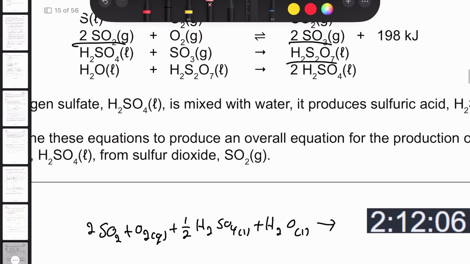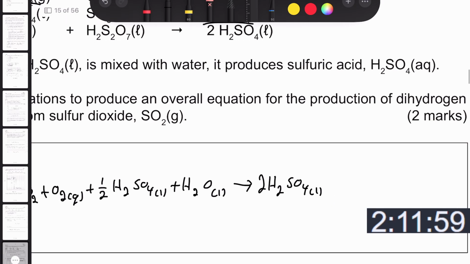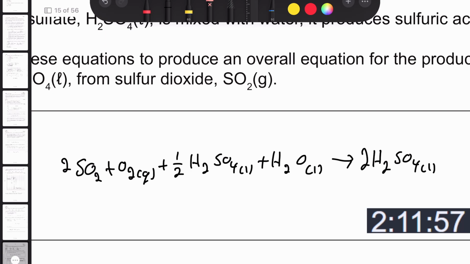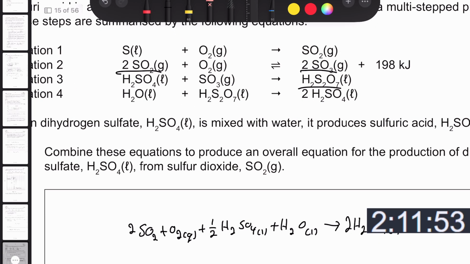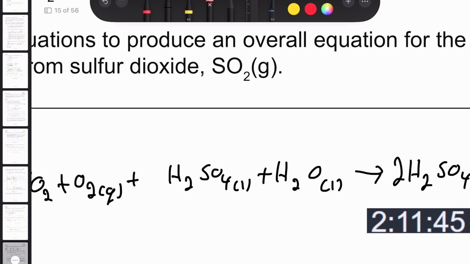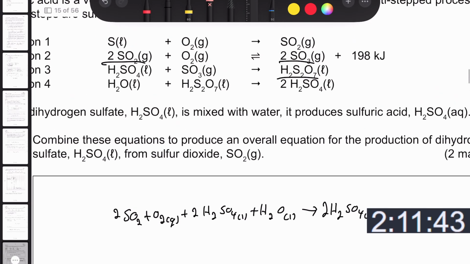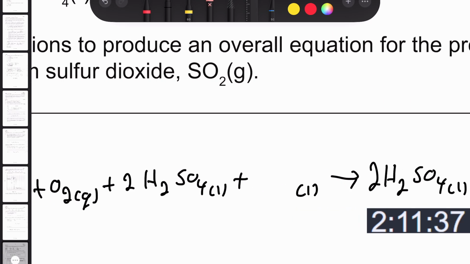And this will produce 2H2SO4. So now I have to get these all balanced up. Start with that. Now I need 2 of these. Now I need 2 waters.